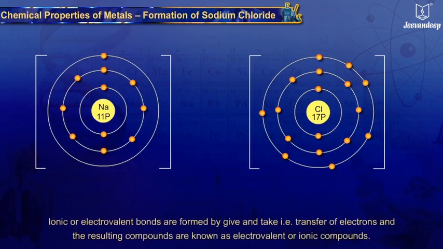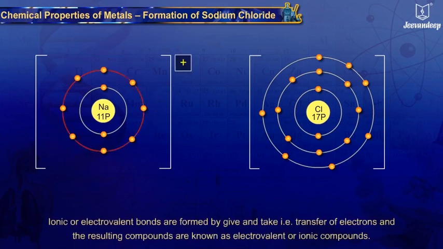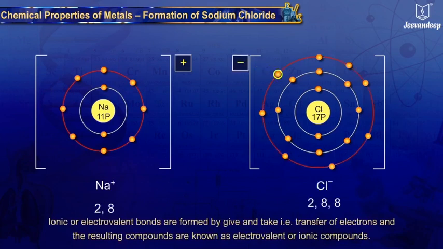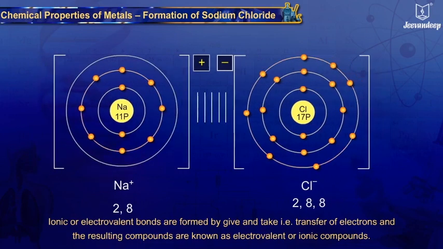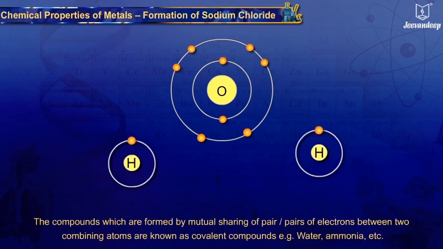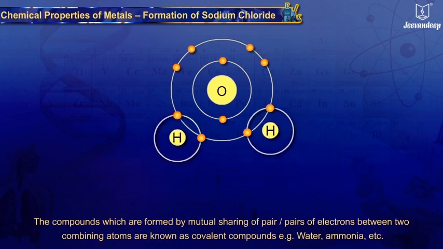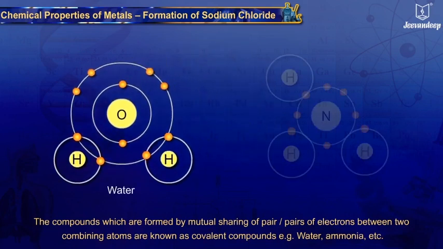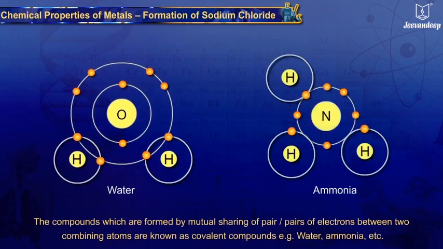Ionic or electrovalent bonds are formed by give and take, that is, transfer of electrons, and the resulting compounds are known as electrovalent or ionic compounds. The compounds which are formed by mutual sharing of pair or pairs of electrons between two combining atoms are known as covalent compounds. For example, water, ammonia, etc.